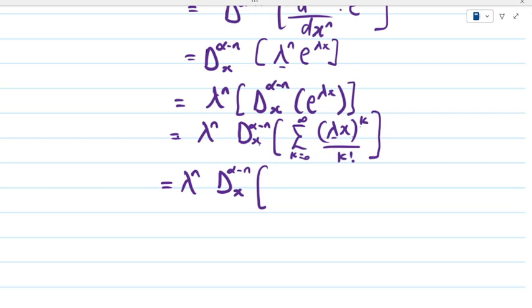That gives lambda k over k factorial, and k factorial is the gamma function gamma k plus 1.